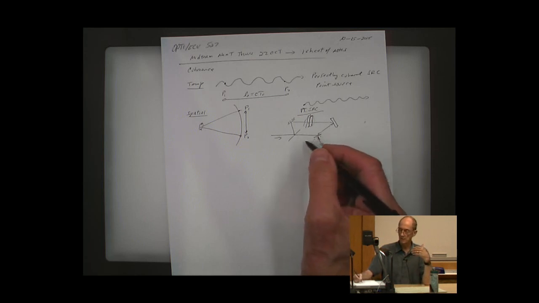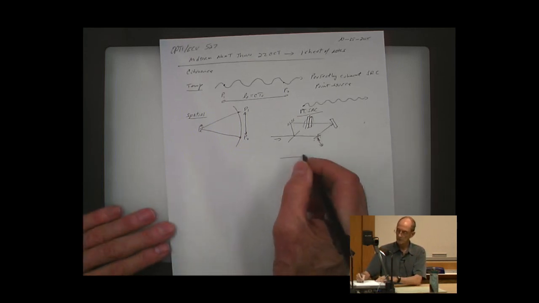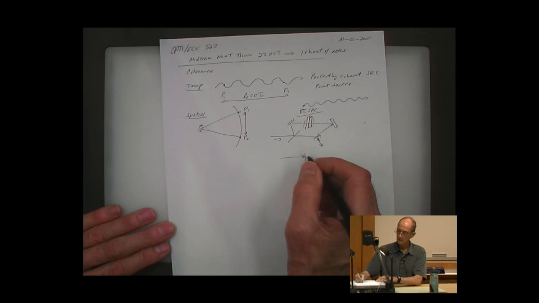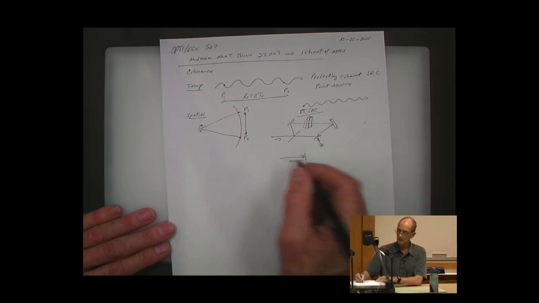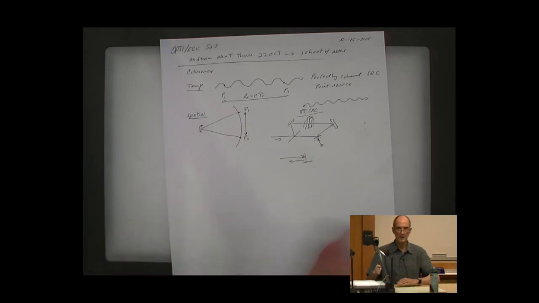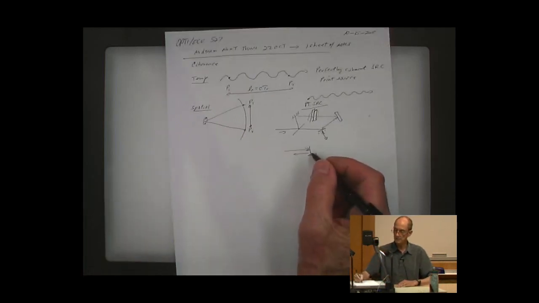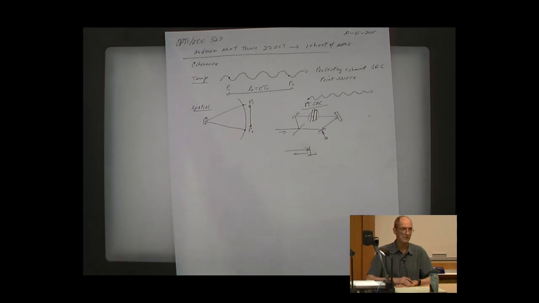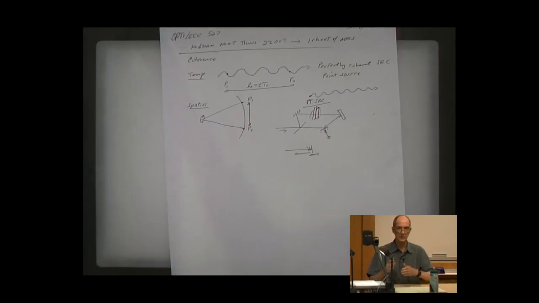So the light will hit this mirror and then bounce back, but in the meantime it's moving. So you get a change in the exact optical path length in your interferometer, and when the light is coincident, you get a very strong interference effect, stronger than the background.